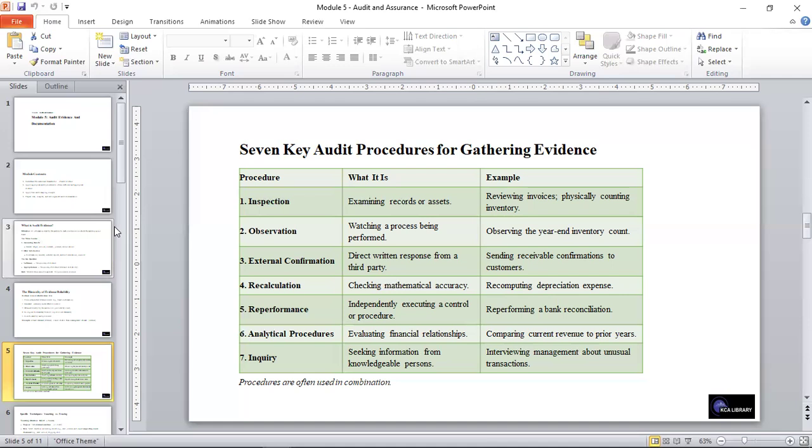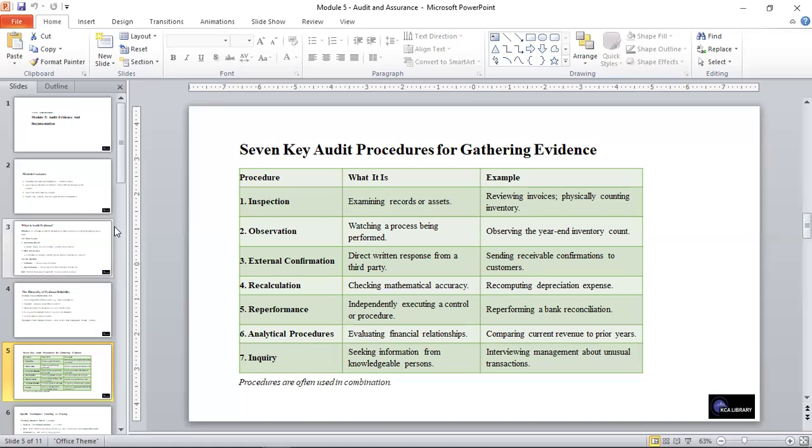We have the sixth one, which is analytical procedures, and this deals with evaluating financial relationships. An example of this is comparing current revenue to prior year. And lastly, inquiry, which is seeking information from knowledgeable persons. An example of this is interviewing management about unusual transactions.